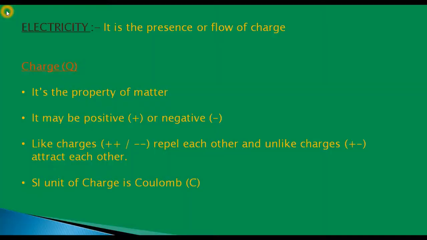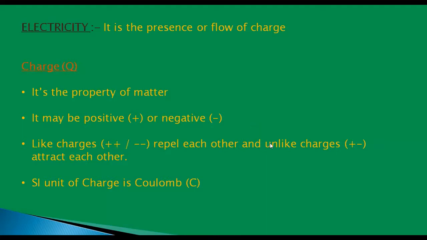There's one more important property of charges, that is like charges repel each other and unlike charges attract each other. Now, like charges means same charges. If both charges are positive, or both charges are negative, then these are same charges and similar charges always repel each other.